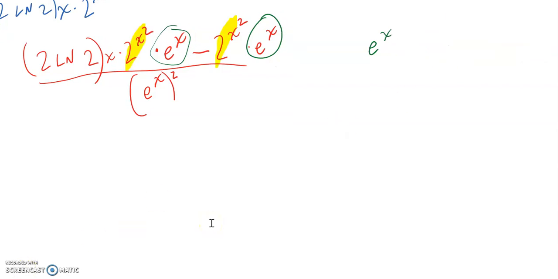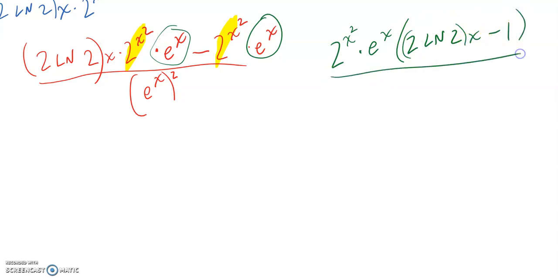There's another piece they both have, and that's a 2 to the x squared. So those both factor out, leaving me with 2 ln 2 times x in the first term minus 1 in the second, all over e to the x squared.